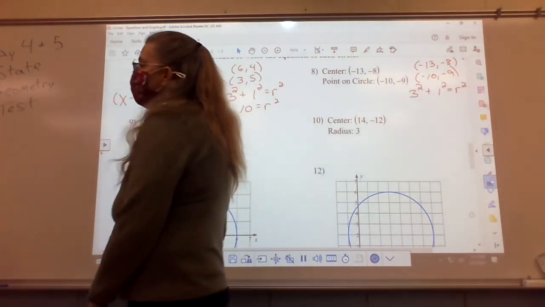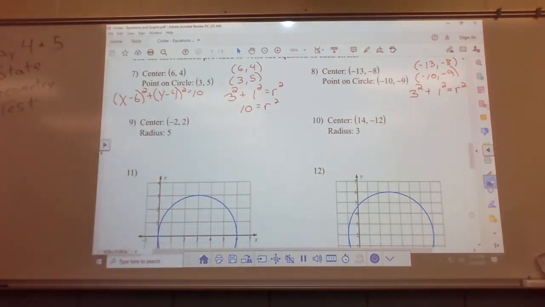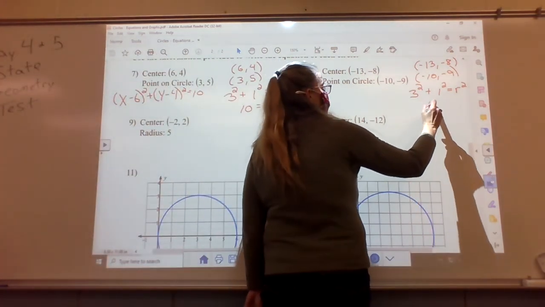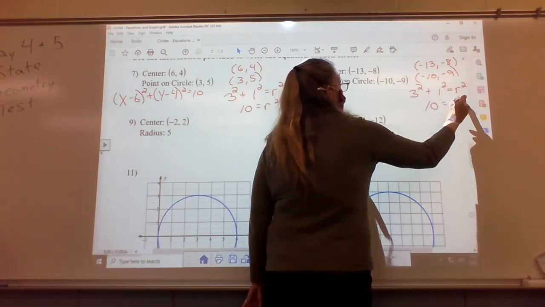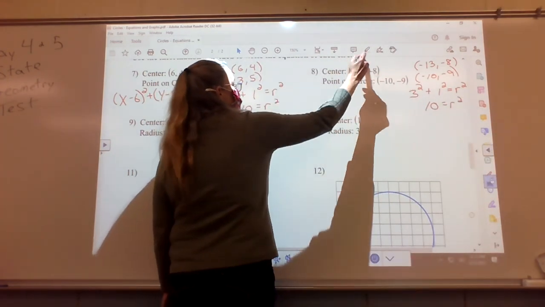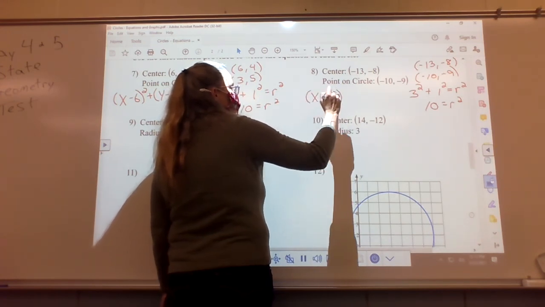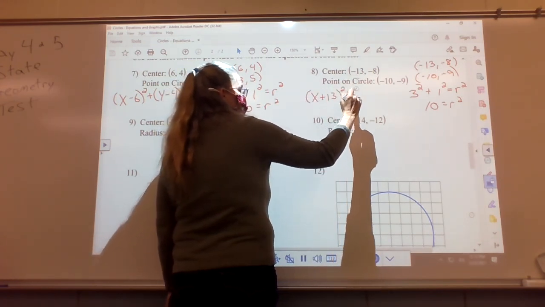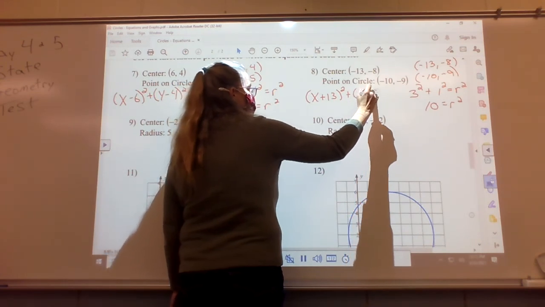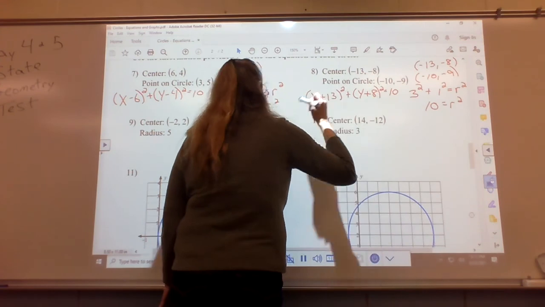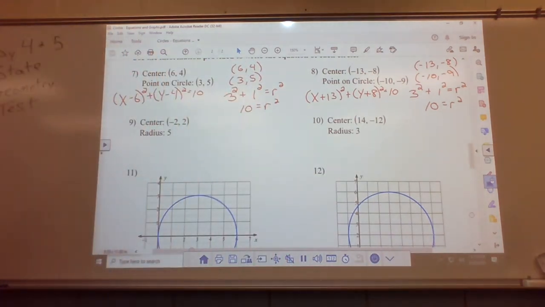Now, I didn't purposely make it the same number, but it is the same number. So I end up getting my r squared as being 10 again. So now, take your center: x plus 13, quantity squared, plus y plus 8, quantity squared, equals 10.